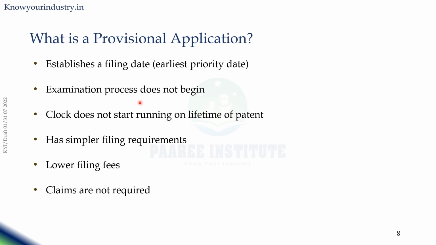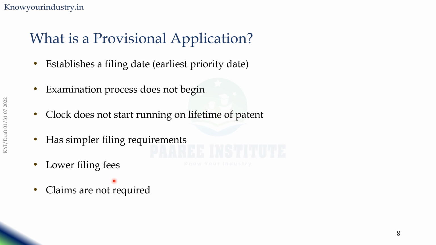Second point, the examination process will not start at the provisional application stage. Third, the clock doesn't start running on the lifetime of the patent. It has simpler filing requirements. The initial cost of a provisional patent specification is comparatively lower than that of a complete patent specification, which saves a lot of money for the inventor with regard to fees.